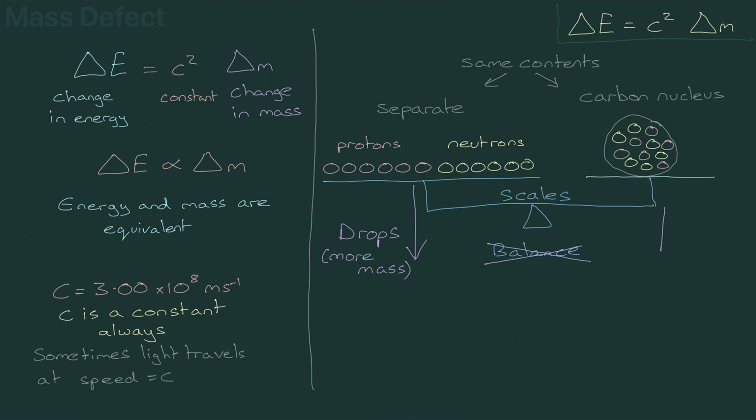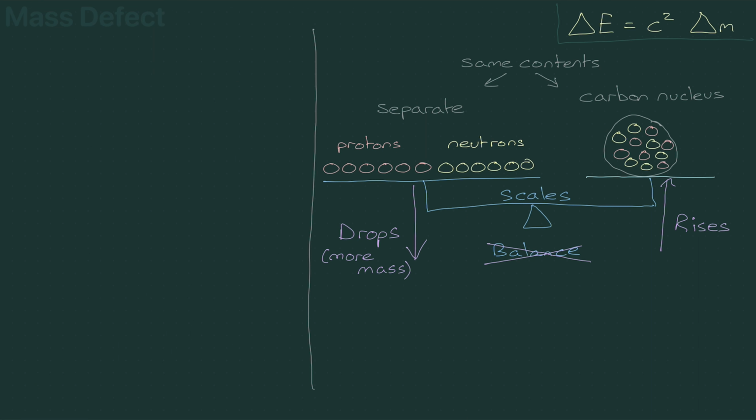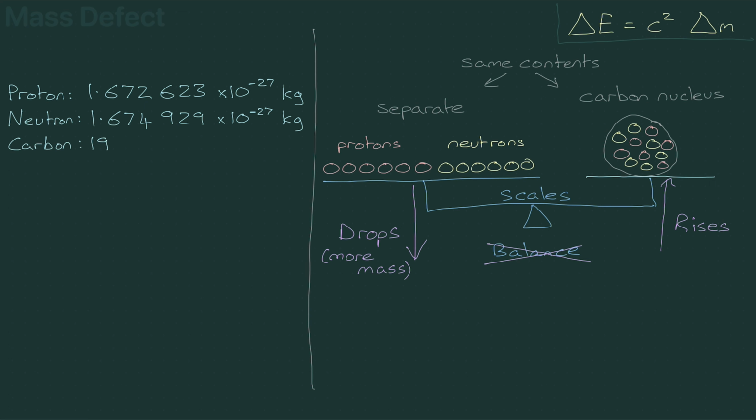Now, since these are scales, we can find out how much more mass the separate particles have, and some incredibly sensitive measurements showed that the protons each had a mass of 1.672623 times 10 to the minus 27 kilograms. Neutrons are 1.674929 times 10 to the minus 27 kilograms, whilst the carbon is 19.926483 times 10 to the minus 27 kilograms.